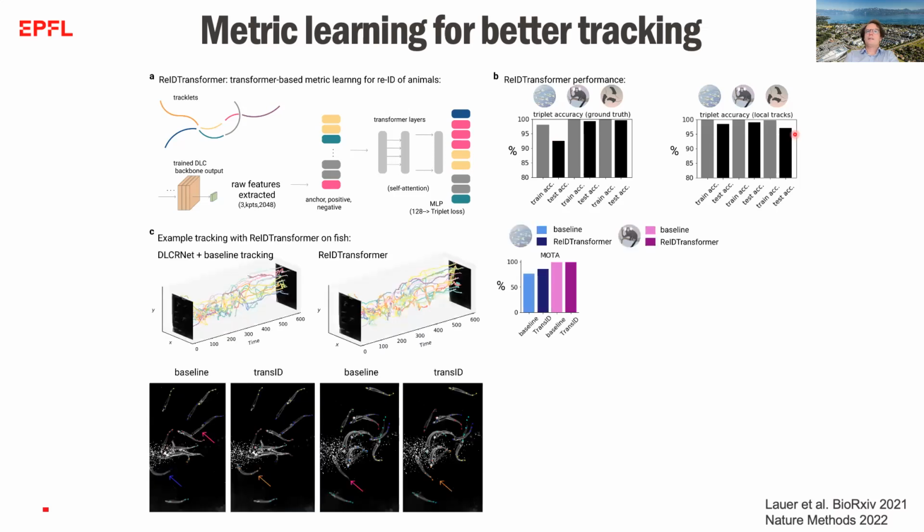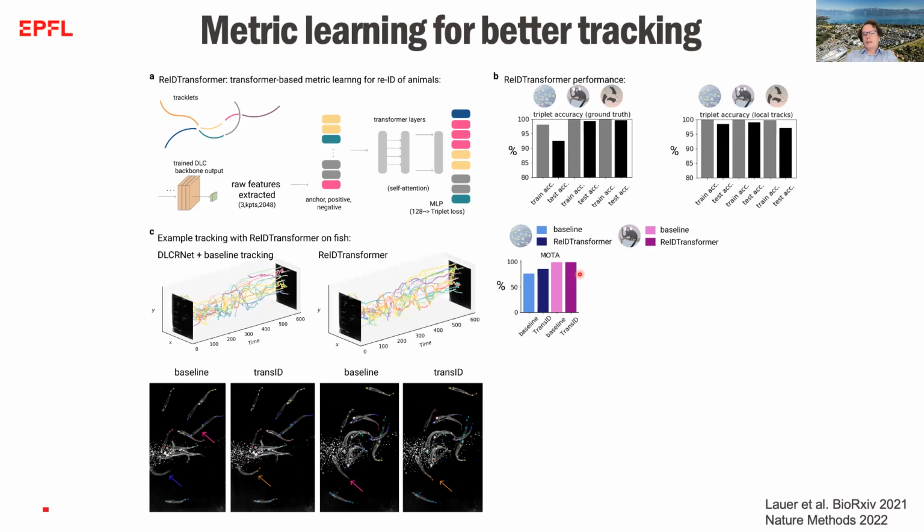And we then showed that if we compare, for example, the performance of DLC RNet with baseline tracking to a re-ID transformer, we can boost the MOTA score. So in other words, unsupervised re-identification can really be used for boosting tracking performance.